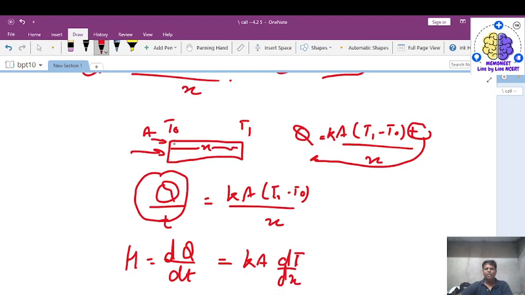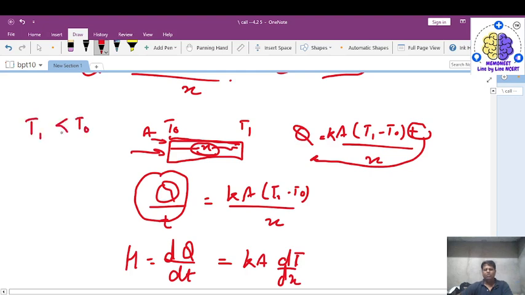Now, if you see, when we move from this end to this end, that is, if we move in the direction of x, T1 is less than T naught. Why? Because we are supplying heat to this end, and heat is being gradually transferred from particle to particle, and it reaches this end. Therefore, the temperature T1 will always be less than temperature T naught. Because of this, there will be a minus sign over here.